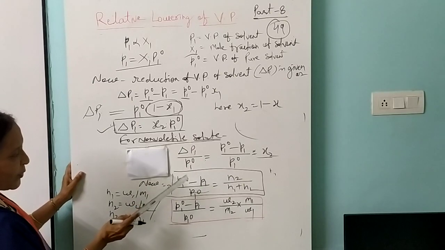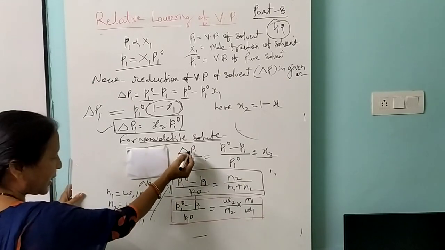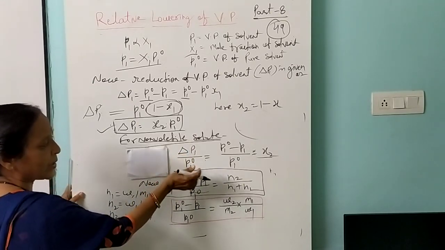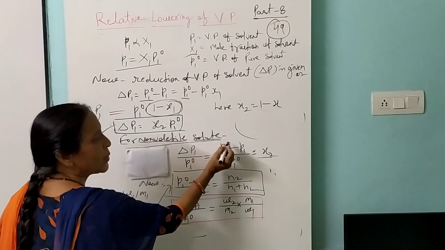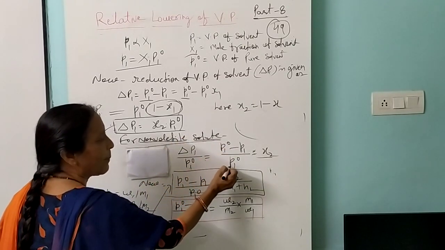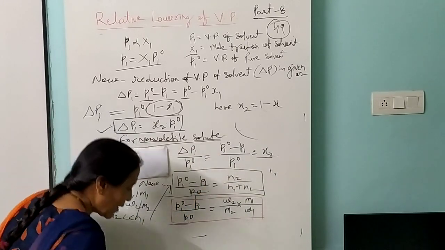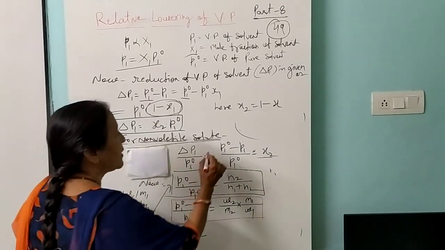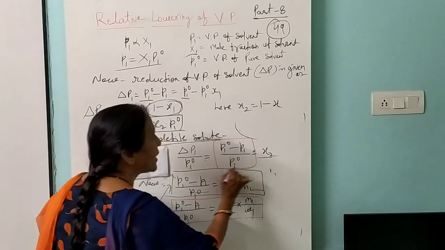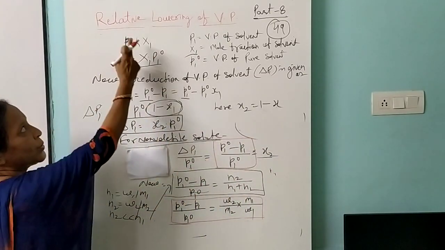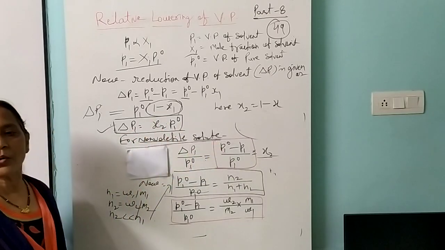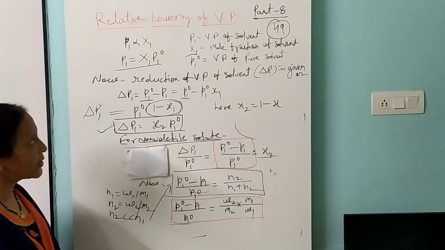Now this delta P1 upon P1⁰, this relation we have: (P1⁰ minus P1) upon P1⁰. Student, this is our relative lowering in vapor pressure. This term is known as our relative lowering in vapor pressure.